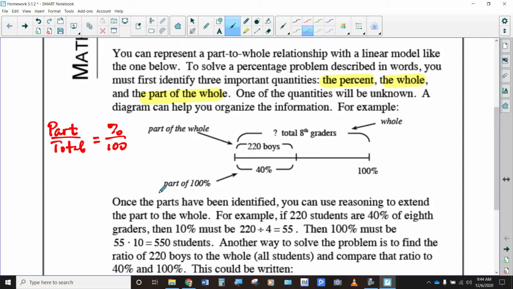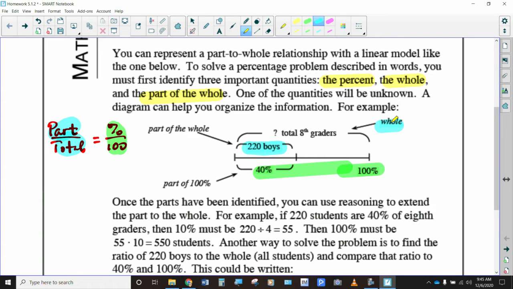Now, I want to show you how this model for proportional reasoning, equivalent ratios, aligns with this diagram, which is basically showing us the same piece of information. If I use my highlighter to highlight the percent and the 100, that would be like these two pieces of information right here, where you got your percent and your 100 right here. And then you've got your part over your total, which is this portion right here, over your whole, which is right here, the total.